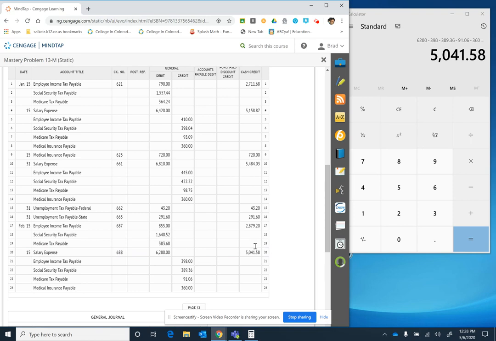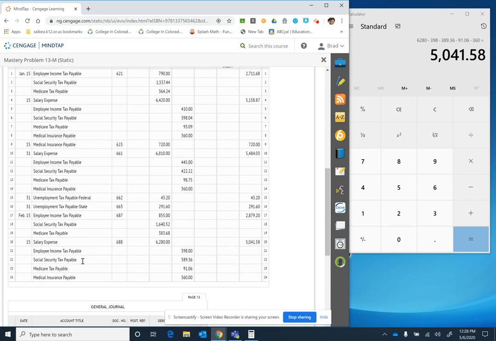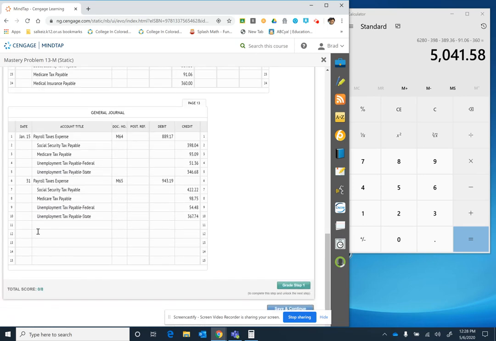Okay. And as you know, anytime that we pay our employees for that semi-monthly pay period, we also have to record how much we're going to withhold for employees for that month as well. So we've got February 15th, and what are our payroll taxes expense for the 1st to the 15th? Social Security tax payable.